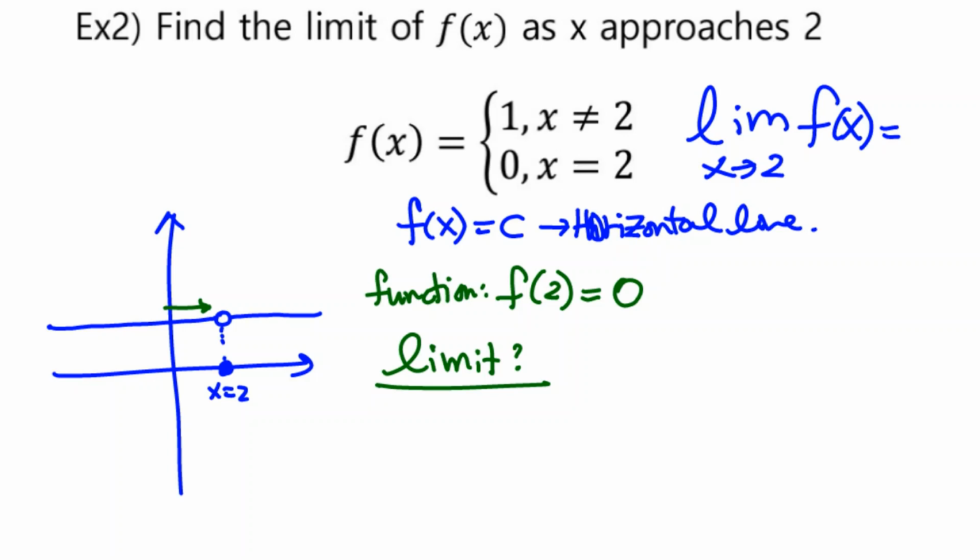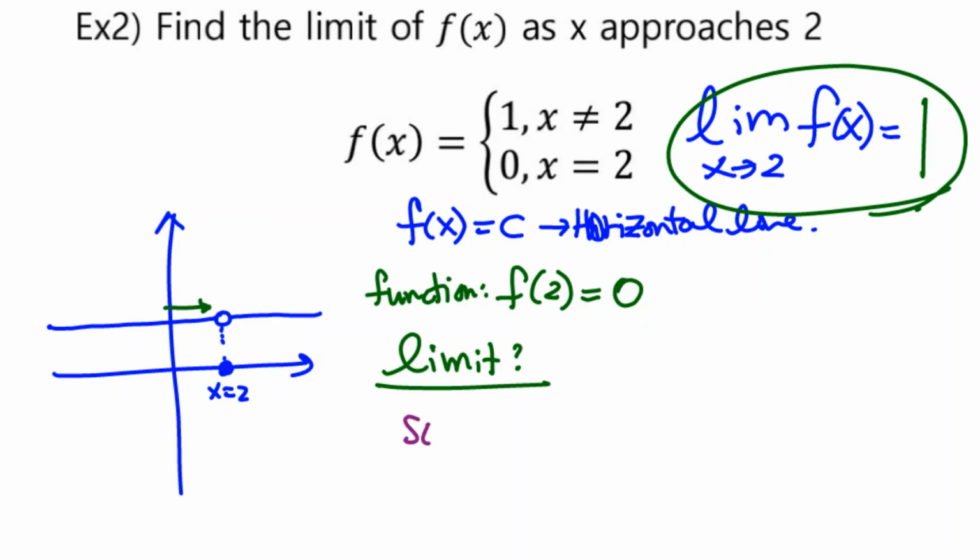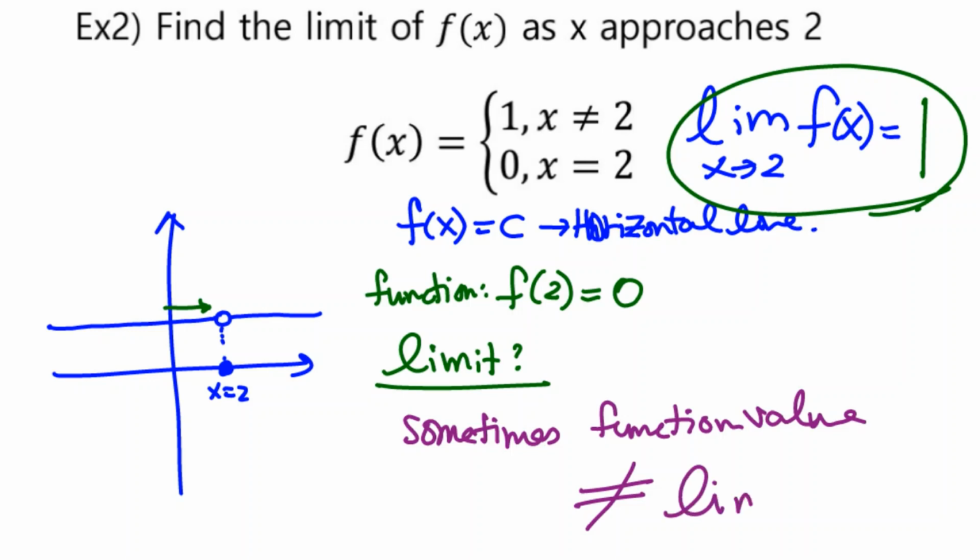So the limit as x approaches 2 of the function is 1. So sometimes, not all the time, but sometimes the function value is not equal to the limit. Sometimes equal, sometimes not equal.